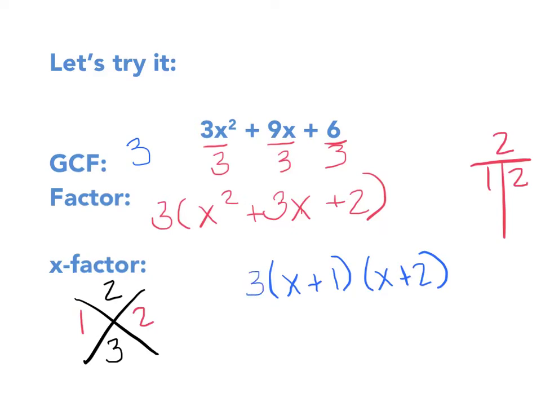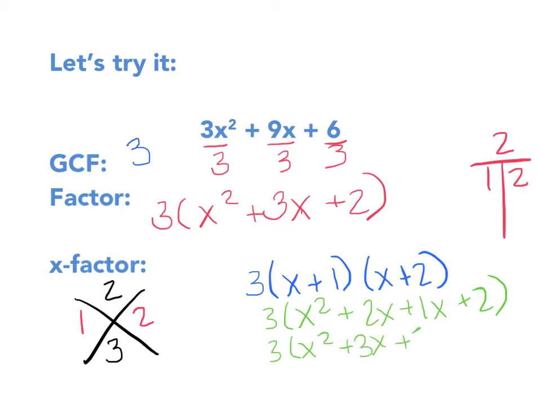So when we do our check and we redistribute, we should see that we get our original trinomial. So let's FOIL first. We have our 3x squared, outside 2x, inside 1x, last 2. 3 times x squared, combine our like terms, plus 3x plus 2.